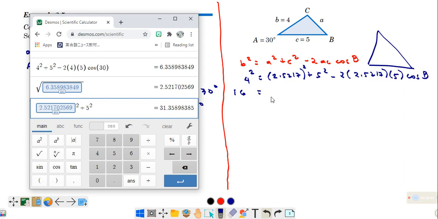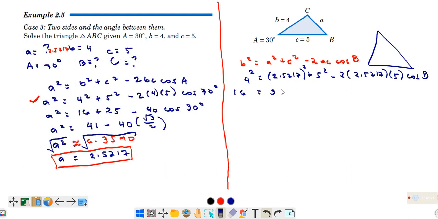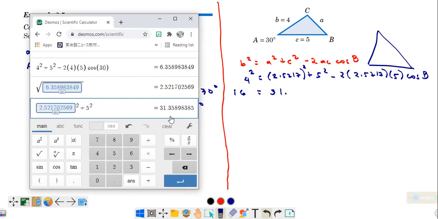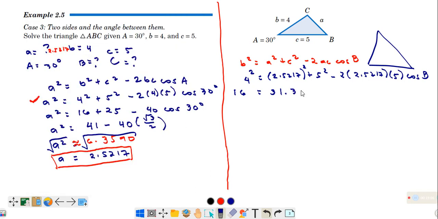Ayan. This is equal to 31.35898385, or lagay ko na lang dito, 31.3590. Minus, ito, yung kanina. So, 2 times 2.5217 times 5.